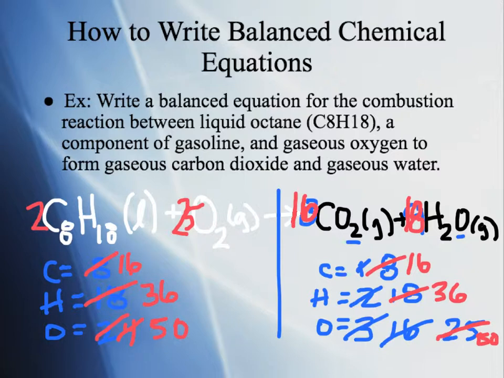This one was kind of a doozy because we had to double the coefficients, but sometimes you have to do that when you're balancing equations. If you get everything balanced except one thing because you've got an odd number on one side, to get rid of the odd number, just double it.